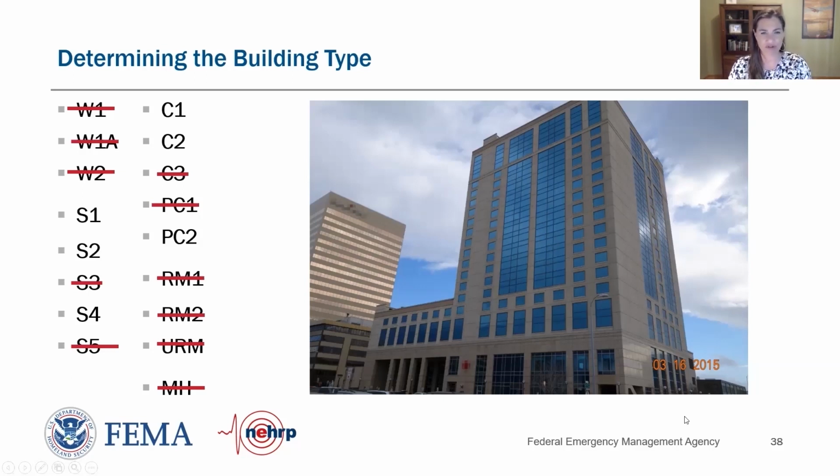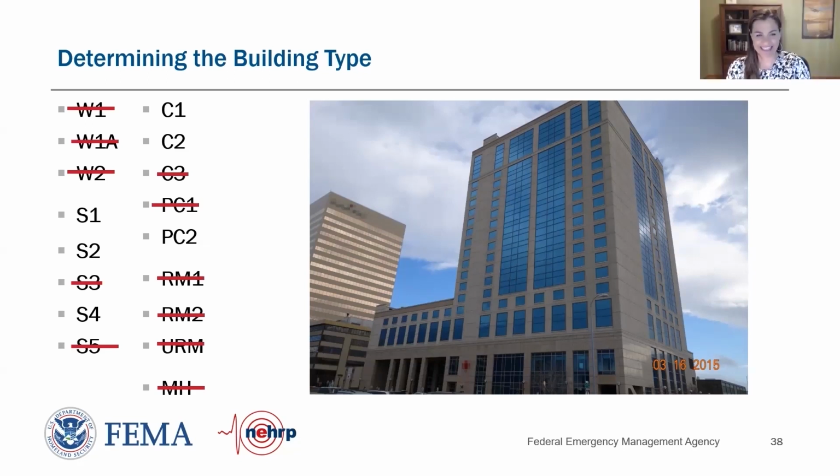That would not be true of a moment frame. With a moment frame, we could still have a lot of windows there. So I would say that it's not an S1 or a C1, so a steel moment frame or a concrete moment frame, or a PC2, which is the precast frame. Right. So that leaves us with S4, S2, or C2.